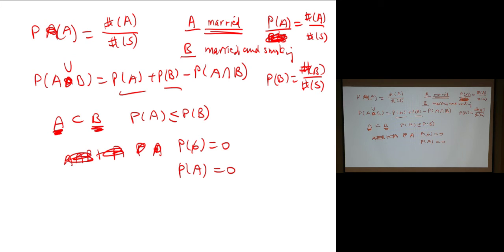That's an event. But what is the chance of getting this event? 0. So I want to emphasize that the probability of an empty set is 0, and probability of A equal to 0 does not necessarily mean that A is an empty set. You can have a set that is not empty, but the chance of getting it is equal to 0.